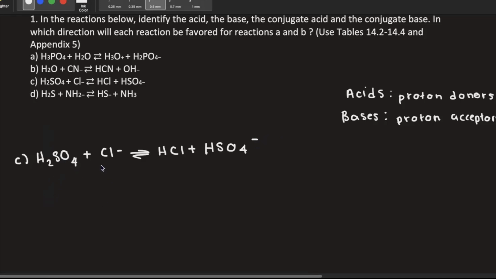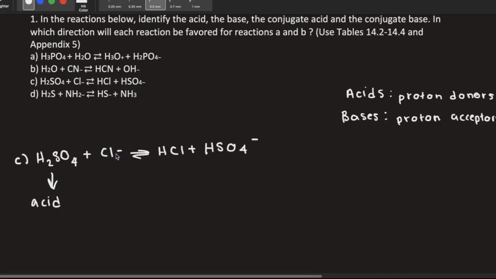Okay. If you paused the video, now we can go over and see any mistakes or if you did get it right. Okay, H2SO4 turns into HSO4 minus. We can see by comparing the two that it is losing a proton, meaning it is donating a proton, which also means this is an acid.